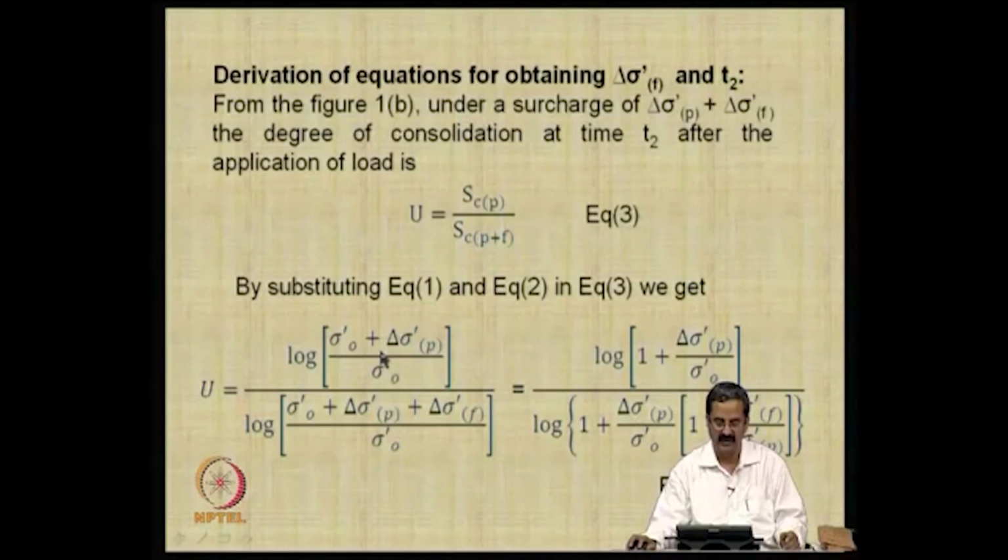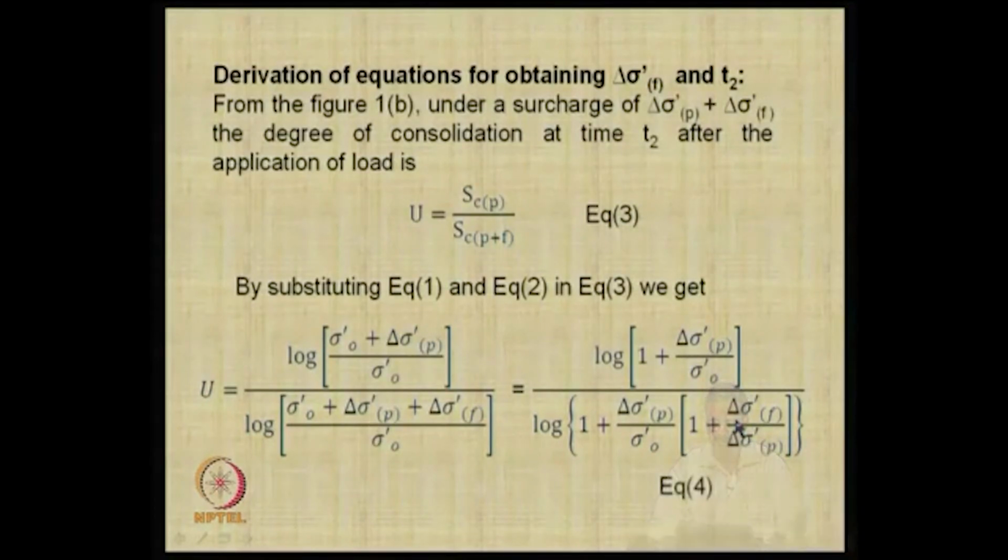What we are trying to do is express this in terms of sigma naught, and simplify this particular term. The degree of consolidation that you need at time T2, you try to express in terms of two ratios. One is the extra load that you should apply in relation to the initial overburden pressure, and the other is the fill load as a ratio.